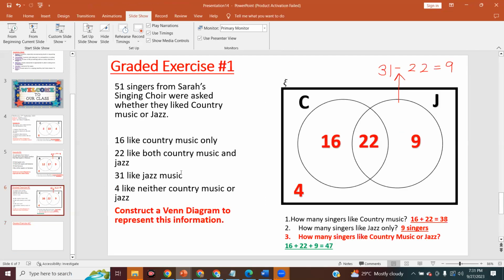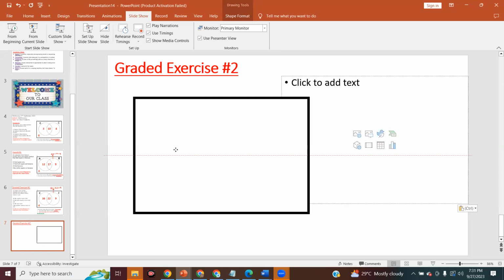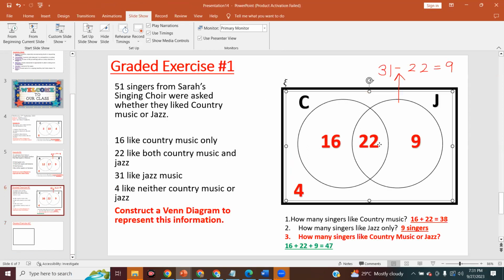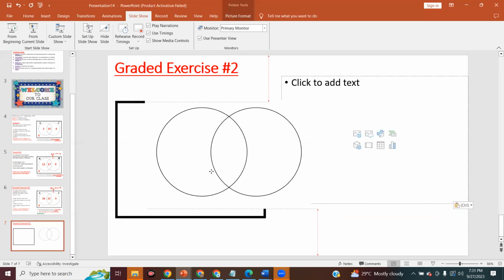So let's put our Venn diagram on this side. I'm going to need all the space that I can get. And we're going to put our overlapping set on this side. So put it there.